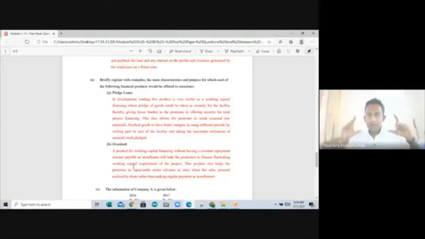Then you need to think a little differently, about how this is useful in development financing. Here also it's development lending, and this product is very useful. Why? In development lending, we have capex and we have working capital requirements, so we need a short-term working capital type of product.